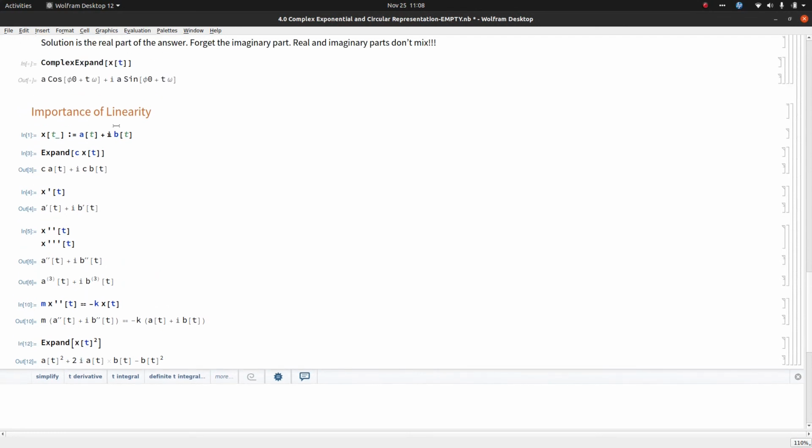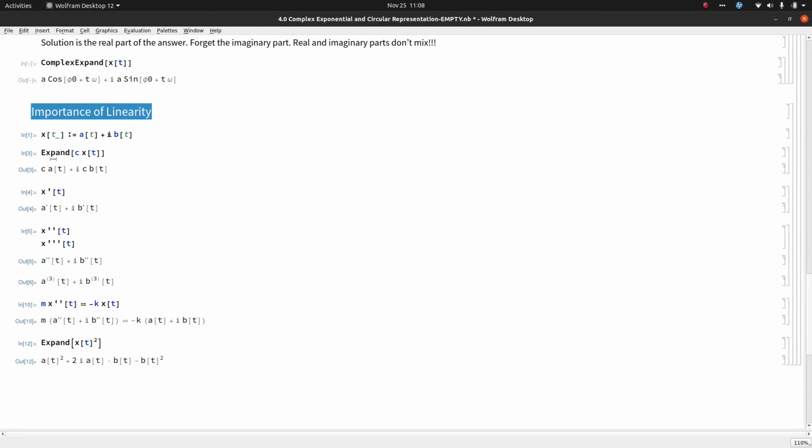And this is why linearity is important. So you can multiply by constants. You can take derivatives. You can add things. You can linearly add things together, do superpositions. None of that will mix the real and imaginary parts.